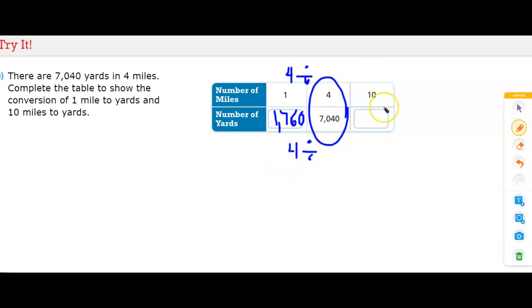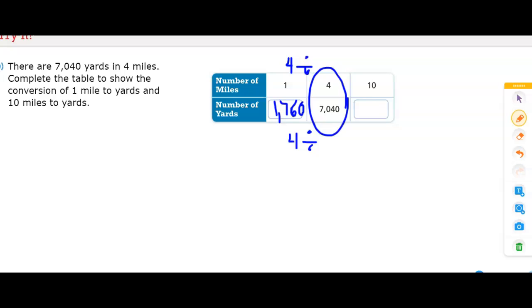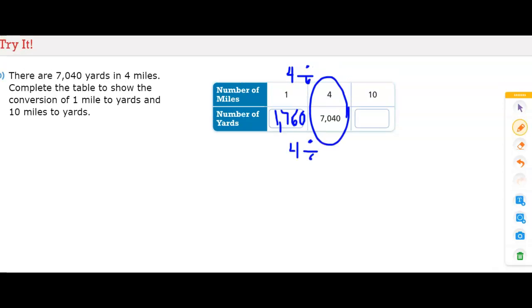Now on the other side of 4, we have 10. Well, we know the operations we need to use to increase a number are either multiplying or adding. In this case, we're going to multiply. So what can I do to equal 10? Let's think about that. Without using a calculator, we know that 4 times 2 equals 8, but 4 times 3 equals 12.